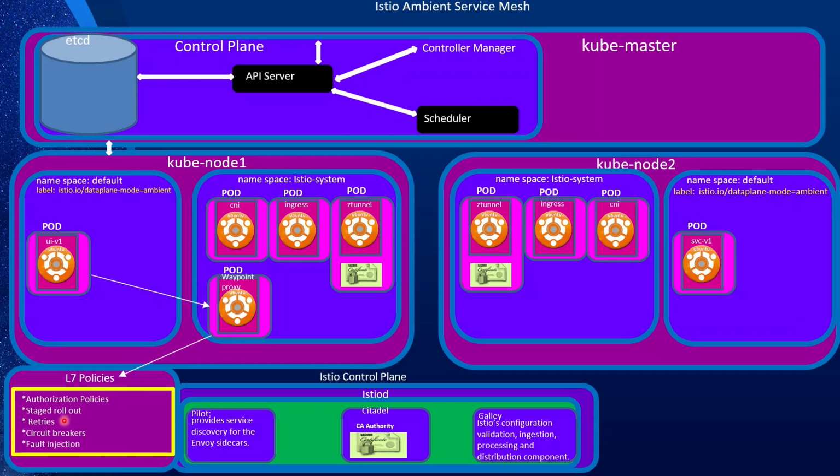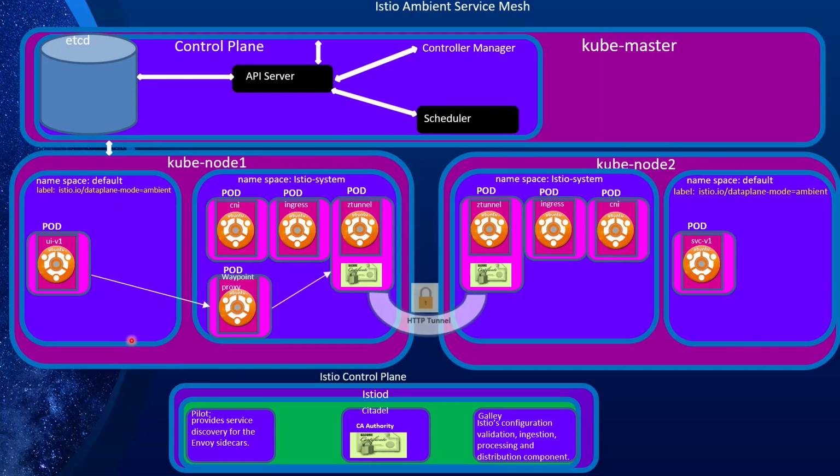Does it need to do a stage rollout, like a percentage rollout, or do you need to retry? If any of this applies, then this proxy will be responsible for applying those, and then the request is sent through the tunnel to the other side. So this is basically how the communication happens.